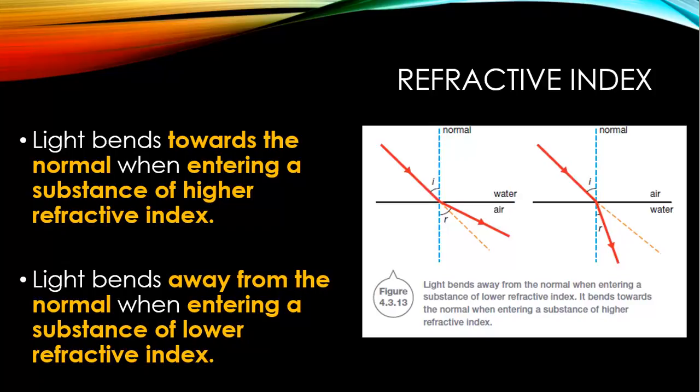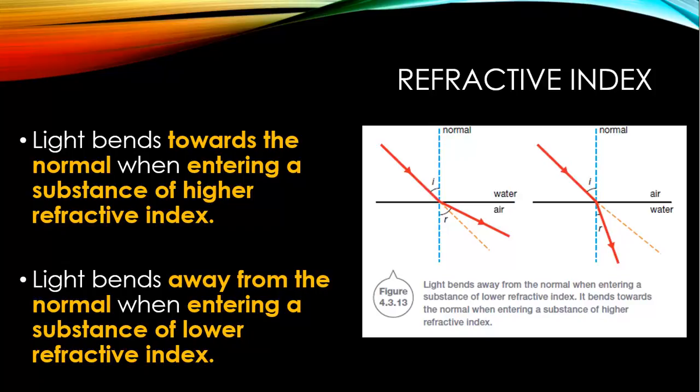So when you've got water and air, the light bends away from the normal when entering a substance of lower refractive index, and it bends towards the normal when entering a substance of higher refractive index. You can see on the first diagram of water going into air, it's bending away from the normal because water has a higher refractive index than air does, and the opposite is true for the diagram on the right.